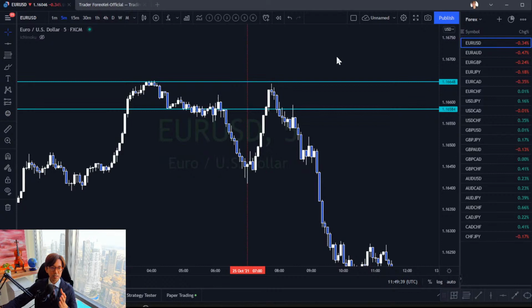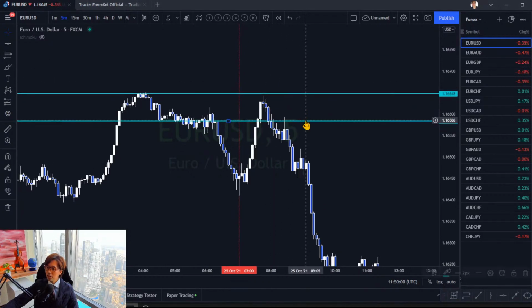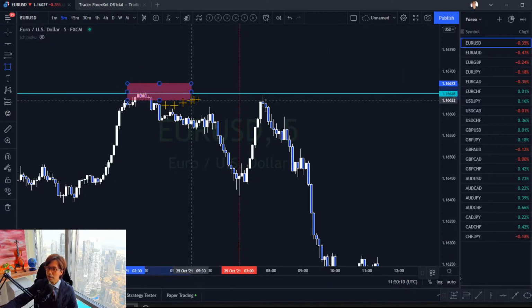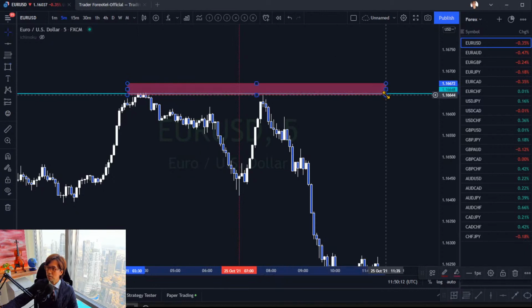It's also important to keep in mind that I draw the line like this, but I don't consider it one single line. It is a zone. If I draw a line at a resistance level like this and you see two resistances, my view would be that this is a resistance zone.